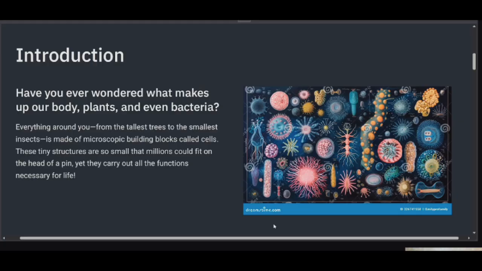Every living being around you, whether it is small or large in size, consists of a single unit, which is cell. It may be single in number or even a cluster of cells. We will discuss it in our video, whether it is in single form or in multiple form.